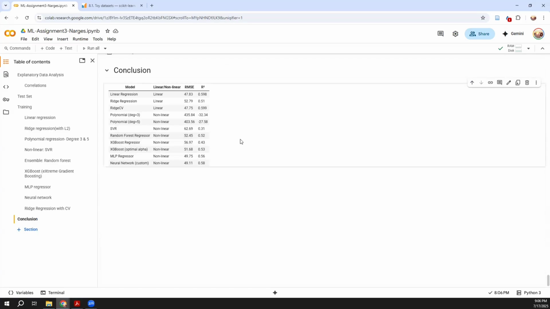So all of this being said, we can conclude that our linear models are functioning best in this case, and our cross-validation helps improve the models slightly. However, these accuracy metrics are still not as good as expected, and my guess, based on my research and my opinion, is that it's because our data set is a weak data set.